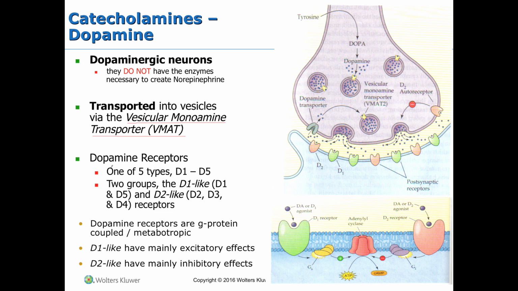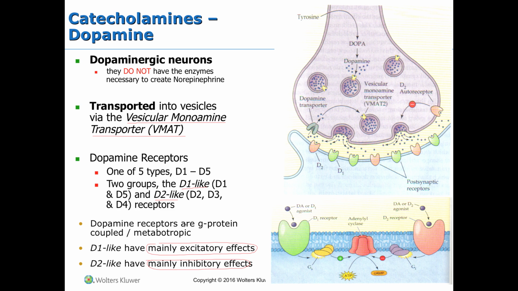And there are two main subclasses of dopamine receptors. So you technically have 5 types, D1, D2, D3, D4, D5. But they're combined into 2 different groups. You have the D1-like group and the D2-like group. The D1-like group mainly has excitatory effects, whereas the D2-like group mainly has inhibitory effects.